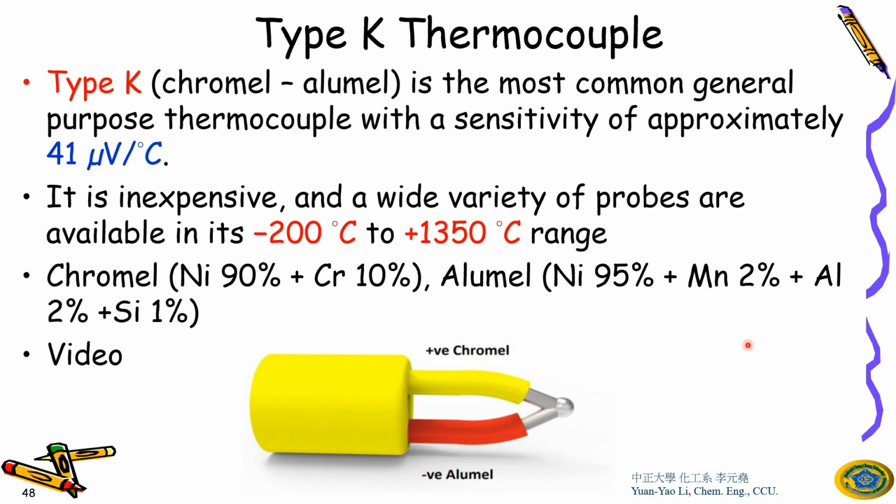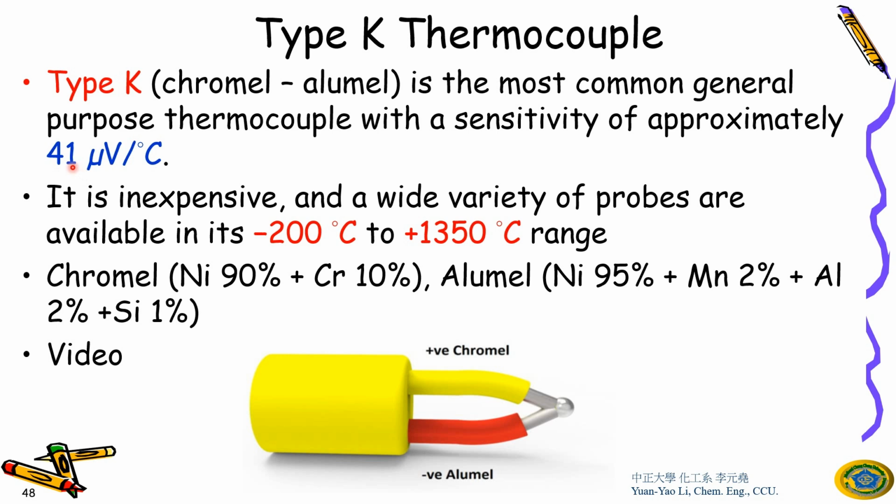Type K is the most common general-purpose thermocouple, with a sensitivity of approximately 41 microvolts per Celsius. So if you increase 1 Celsius, the voltage increases by 41 microvolts. If you increase by 5, it's 41 times 5.